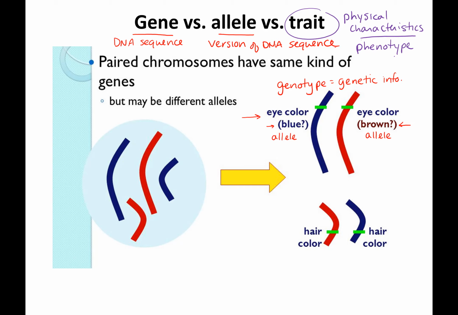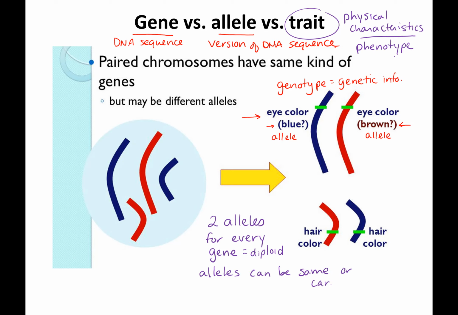And remember that you have 2 alleles for every gene because you are diploid. And we will talk about the alleles can be the same or they can be different.